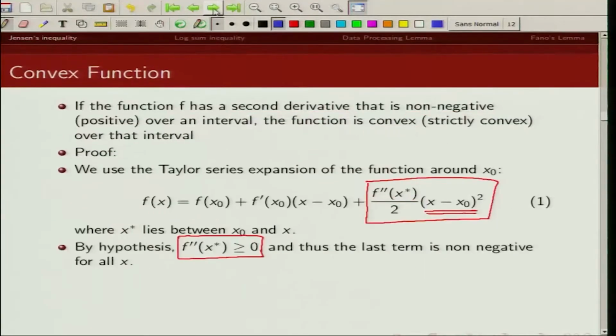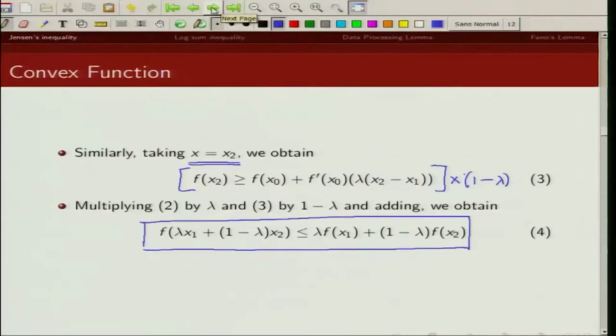Now go back and see what we have arrived at. We have arrived at the condition where the function evaluated at x0 is less than or equal to lambda f of x1 plus 1 minus lambda f of x2, and this is the condition for the function to be convex.